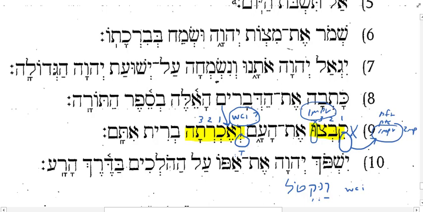So this is not a WCI. And because it's not a WCI, if you think it's a WCI, you're going to translate it as past time. That wouldn't make very good sense, would it? Because in the context, I'm giving commands here. Gather the people. Would it make sense for me to make the next verb a past time verb?